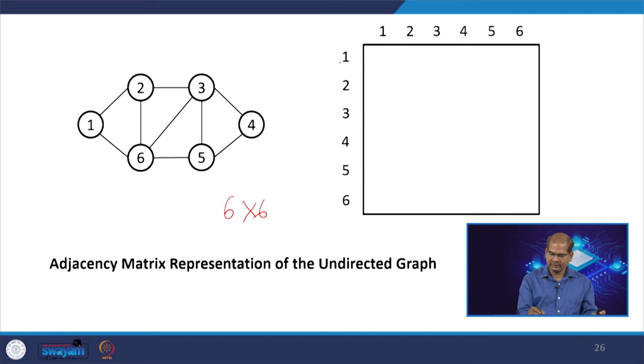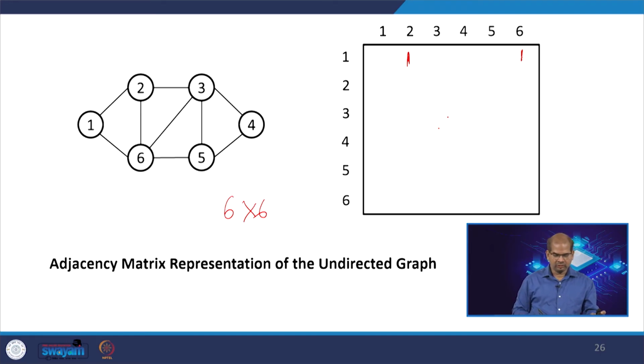So, this is 1 and this is 2, I have a 1 here. I also have an edge from 1 to 6, so for 1 to 6 there will be a 1 here.